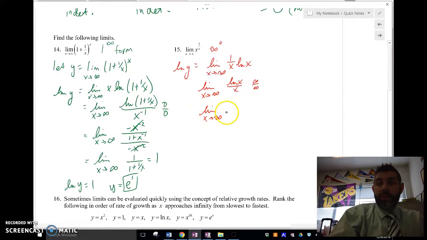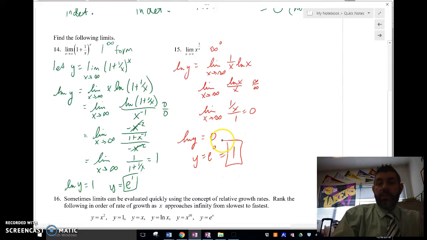The limit as x approaches infinity of 1 over x divided by 1 is just going to be 0. And remember that ln y was equal to 0. So y equals e to the 0, which is 1. So my limit here is 1. That's how we would use L'Hopital's rule for another kind of indeterminate form.